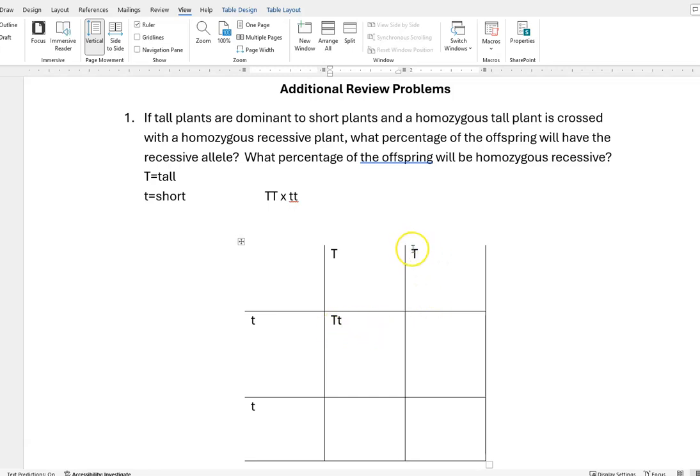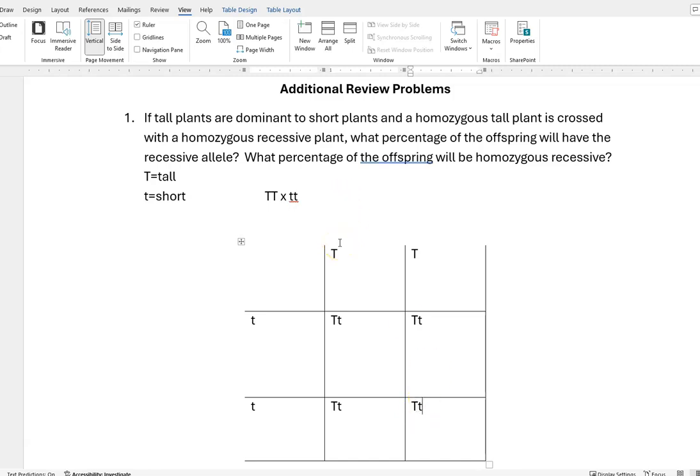Same thing, we've got this gamete that's going to be fertilized by this one, so we bring it across and bring it down, and we'll have that genotype. Same thing for the bottom blocks, we bring that allele straight down and bring this allele over. And then our last block, we'll bring the big T down and bring the lowercase t across.